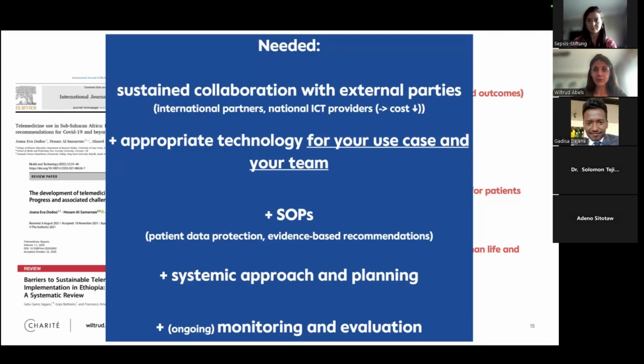As I said shortly before, there is help for this. There is, for example, the Consolidated Implementation Guide, and you need ideally ongoing monitoring and evaluation in order to see if your approach works, and when you see the need, you can adjust whatever is not working in your approach.